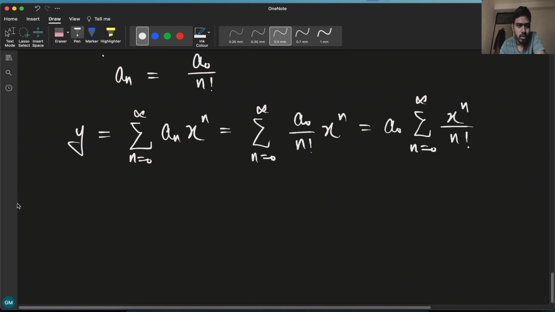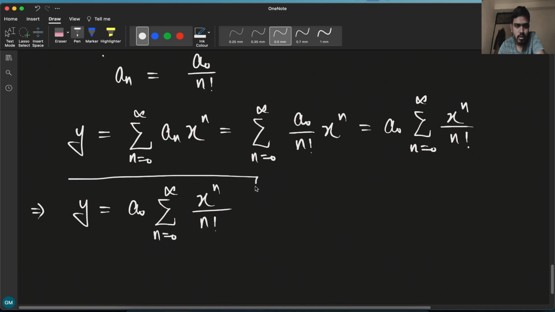So this is the series solution of this differential equation.